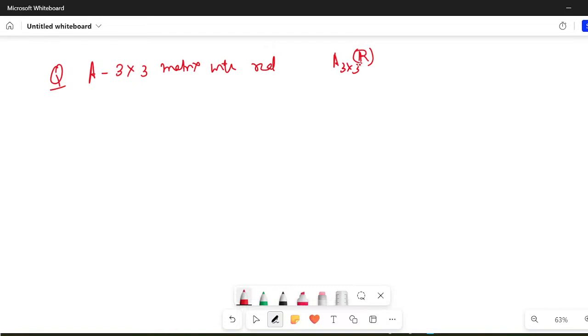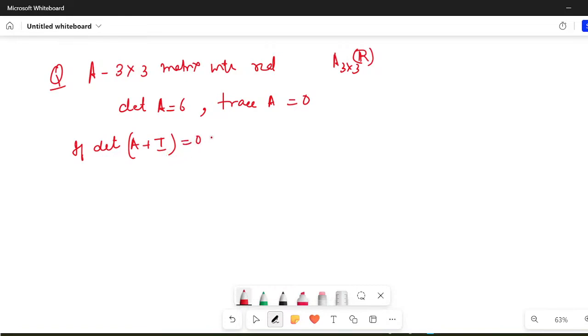Now the determinant of A is given to be equal to 6, and trace A is given to be equal to 0.